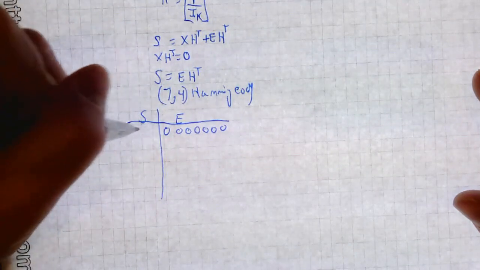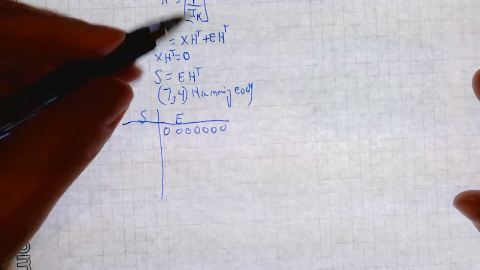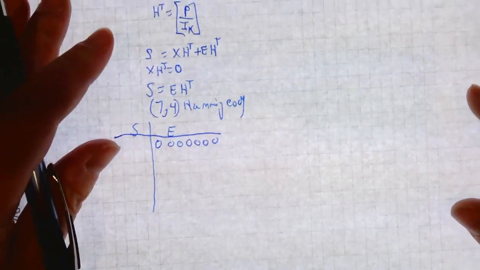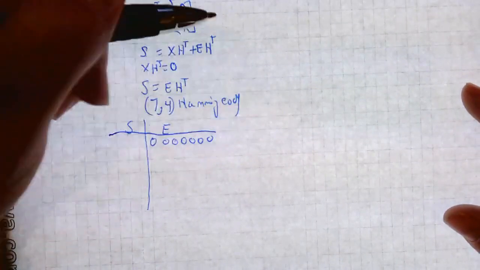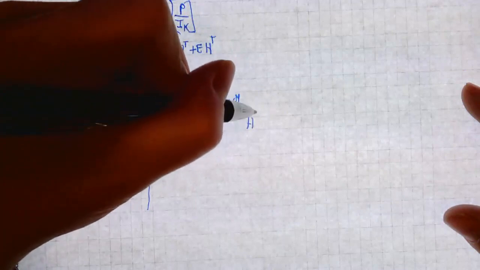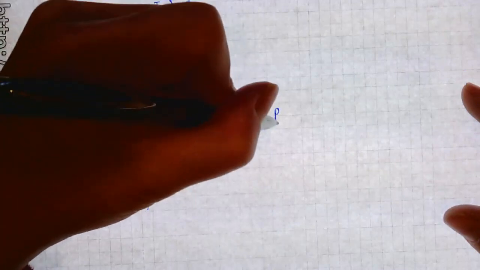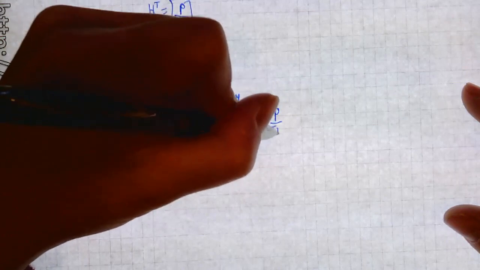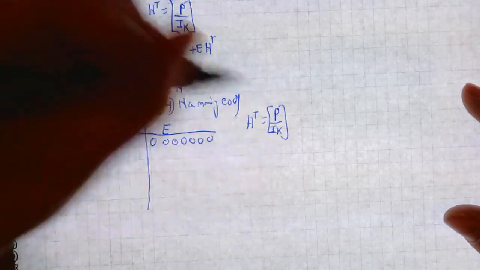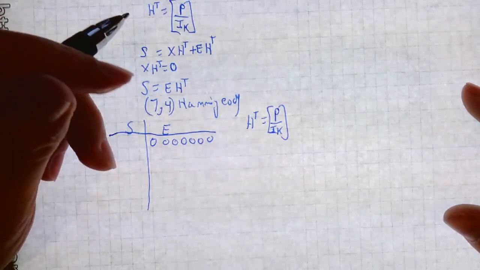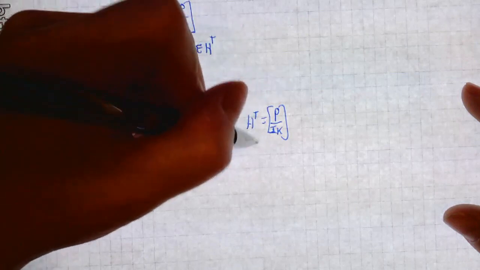And on the left, we'll put in a syndrome. And on the right, just for convenience, I'd like to put H transpose, where H transpose is equal to P adjoined with the K by K. And so we'll write that out for convenience.